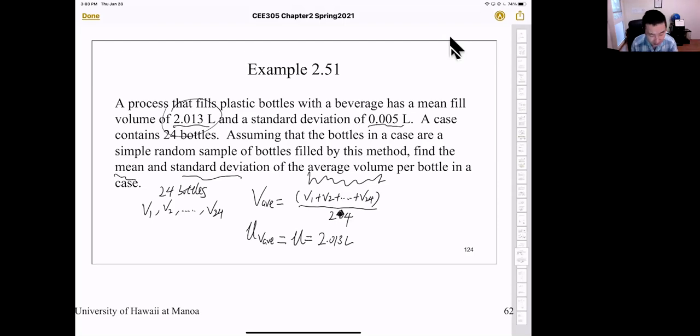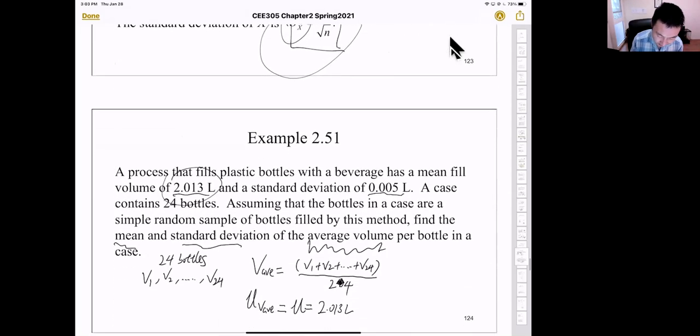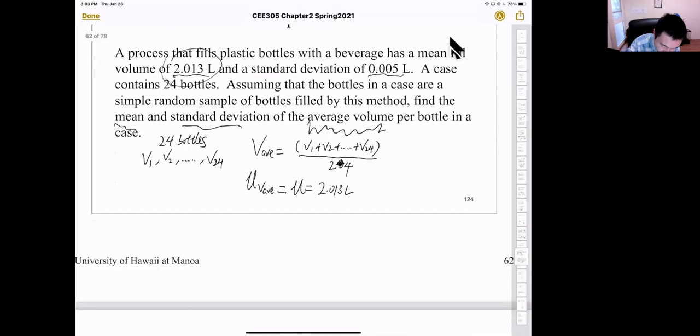But the standard deviation does change. The standard deviation of the average volume is equal to the population standard deviation over the square root of n.